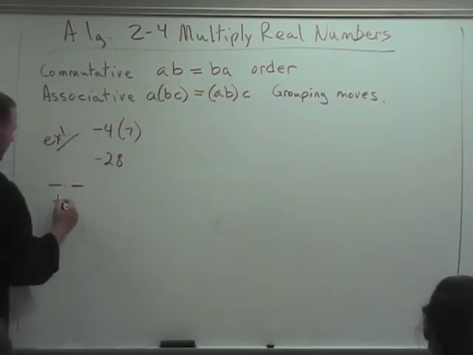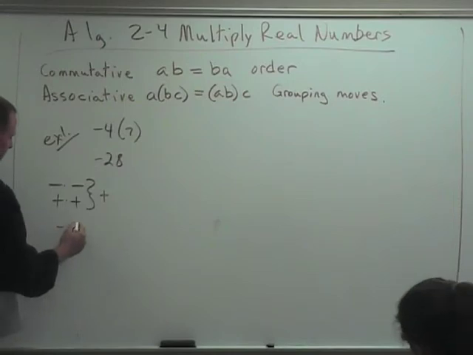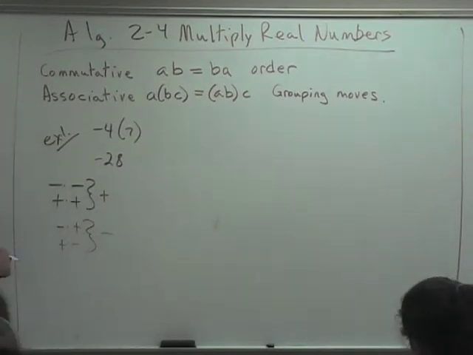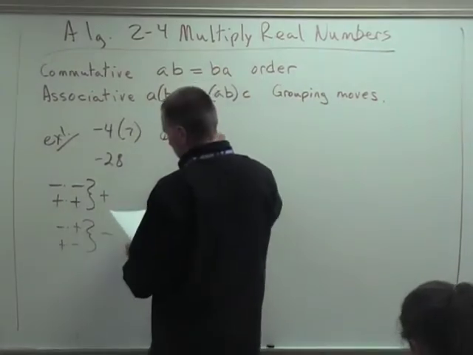Negative times a negative is positive, positive times a positive is positive. Negative times a positive, or positive times a negative, is negative. That does not apply to addition and subtraction. It does apply to division and fractions. It's the same thing. Some of you here didn't know that. So apply that to fractions.